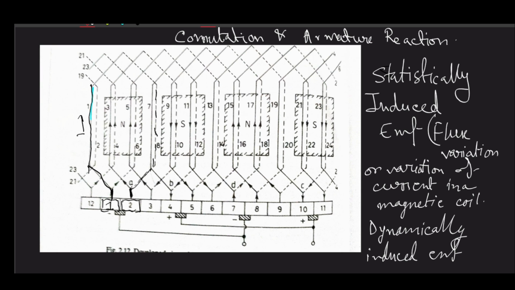That is also a very dangerous thing. So at least if you commute the coil that is in the interpolar region, then you only have to take care of the statically induced EMF, not the dynamically induced EMF, right? So how commutation takes place, let me show you exactly by a few pictures.